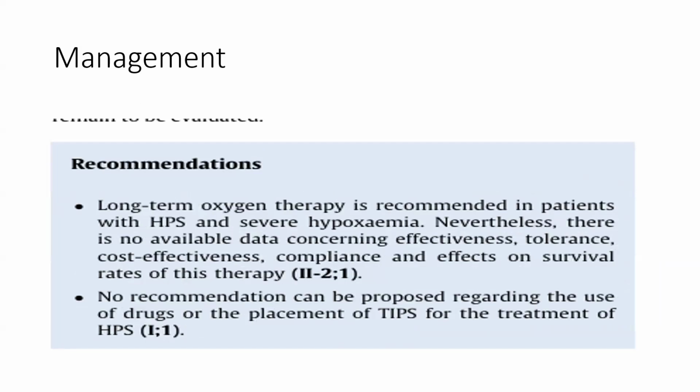Now about management. Long-term oxygen therapy is recommended in patients with HPS and severe hypoxia. Nevertheless, there is no available data concerning effectiveness, tolerance, cost effectiveness, compliance, and effect on survival rate of this therapy. No recommendation can be proposed regarding the use of drugs and placement of TIPS for the treatment of HPS.